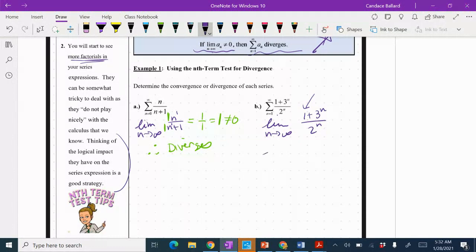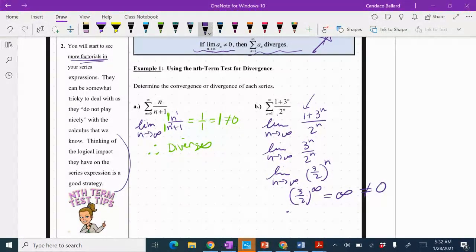So I would probably look at this as the limit as n approaches infinity of 3 to the n over 2 to the n, which I could rewrite as the limit as n approaches infinity of 3 over 2 to the n, which when I put infinity into that is just going to equal infinity. So therefore that's not equal to 0. So this one has to diverge.